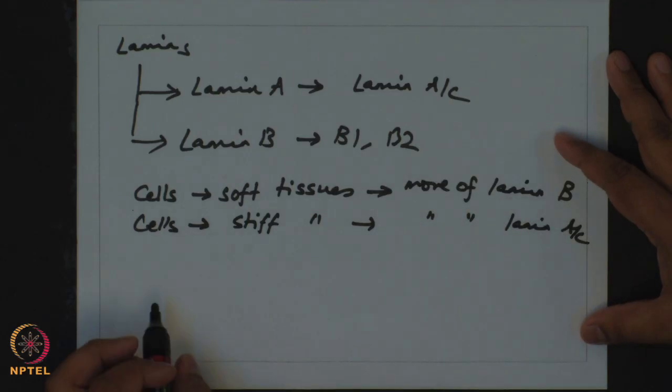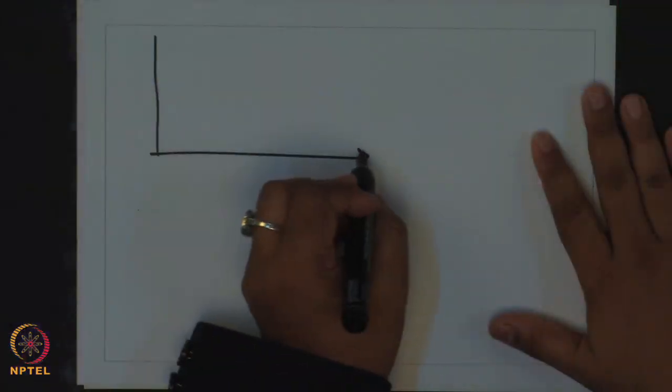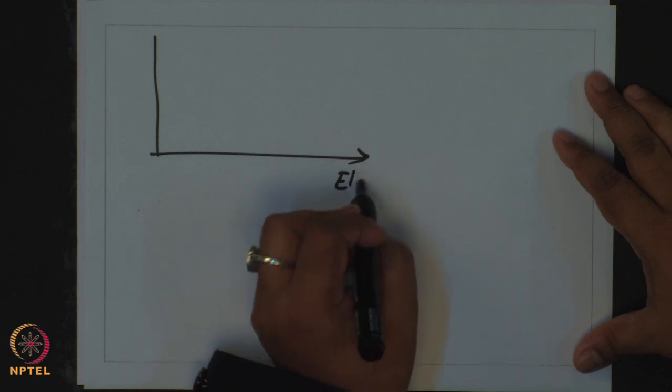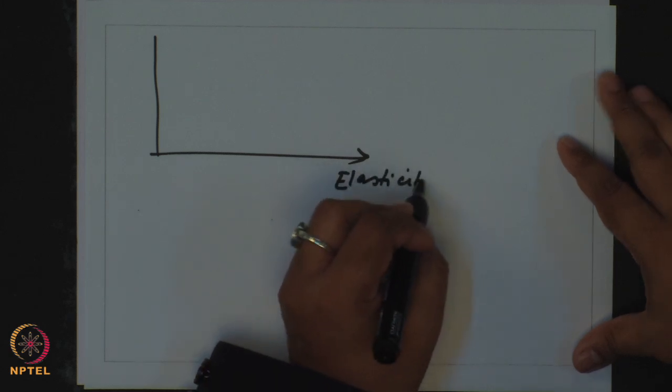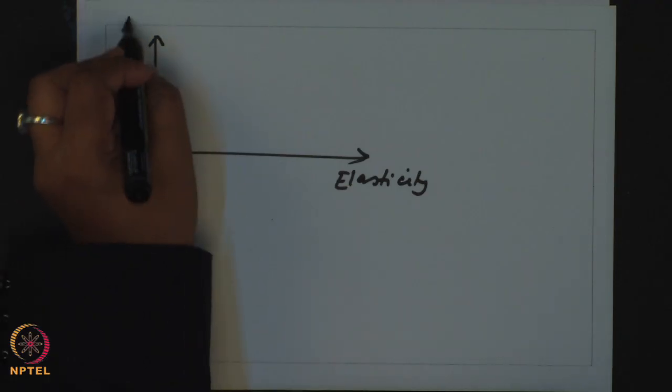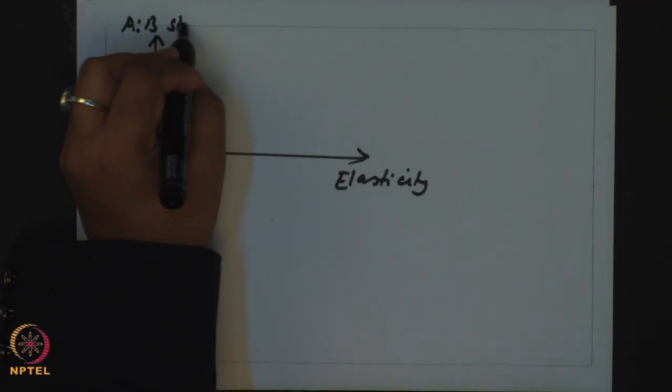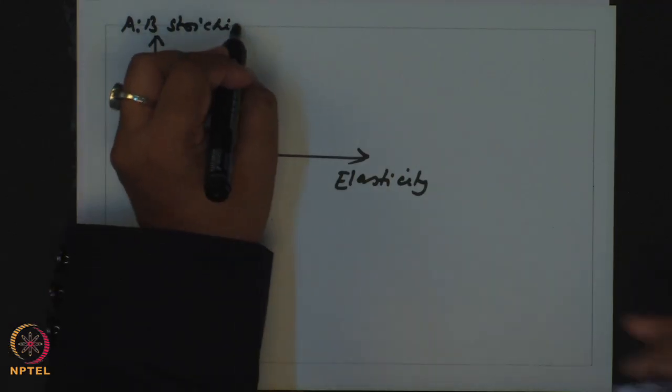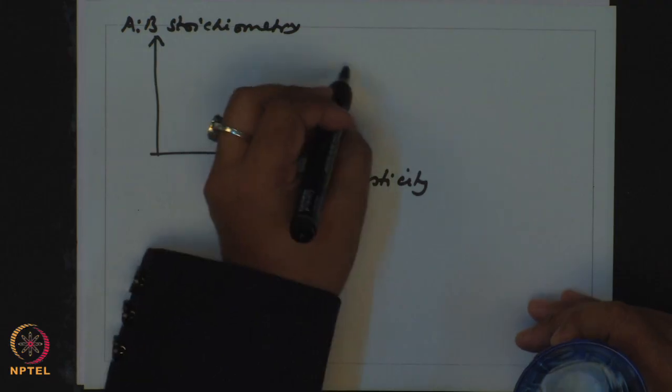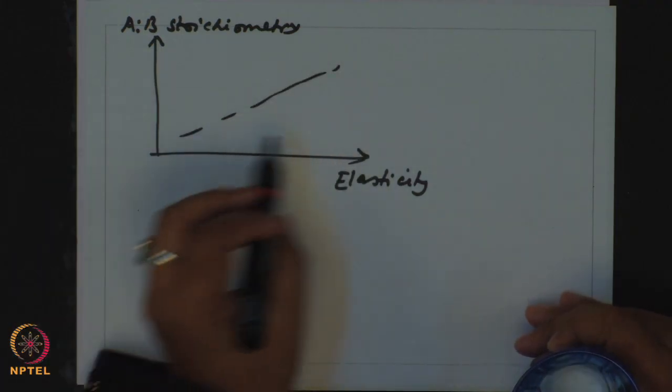while cells which reside in stiff tissues contain more of lamin AC. If you plot the stoichiometry of lamin A to B, where the x axis is tissue elasticity and the y axis is A to B stoichiometry, you get a scaling relationship.